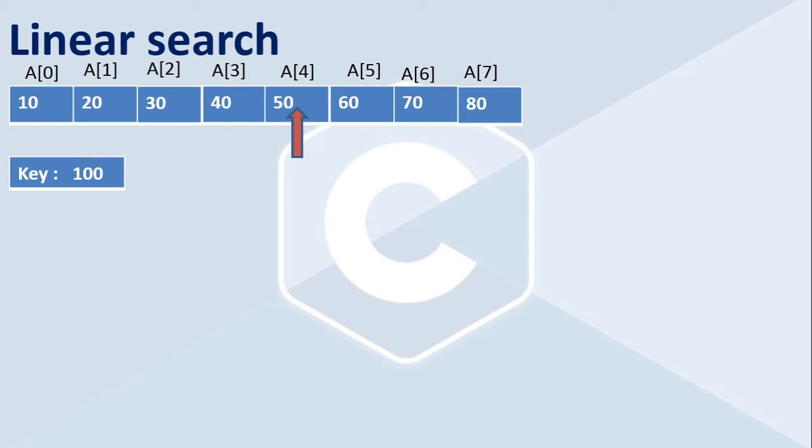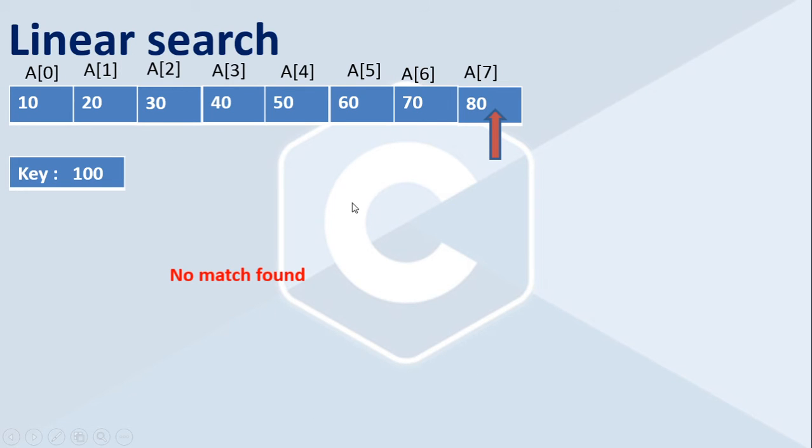Here also no match is present, with 60 no match, with 70 also no match, and with this 80 also we can't find any match. Now the index is incremented and finally reaches the last location. In that case, we can display a statement like no match found for this particular key in this given array.